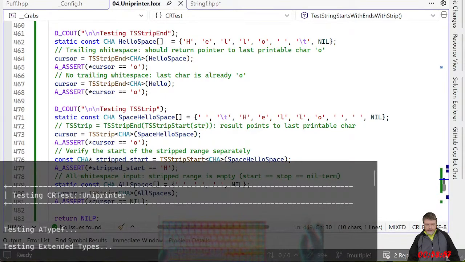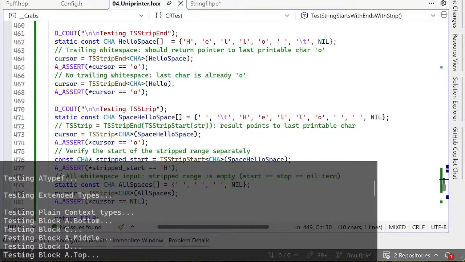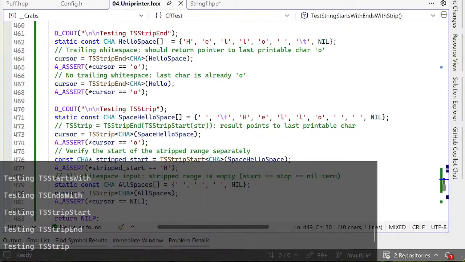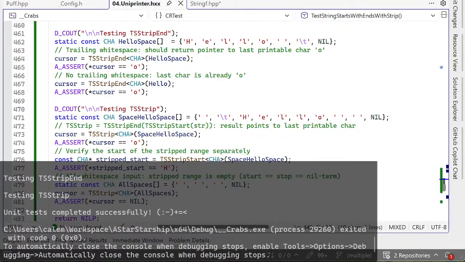I'm having trouble here. All right, so what happened in the test? That was like the old test. Looks legit to me. I mean, those functions aren't really hard to test.